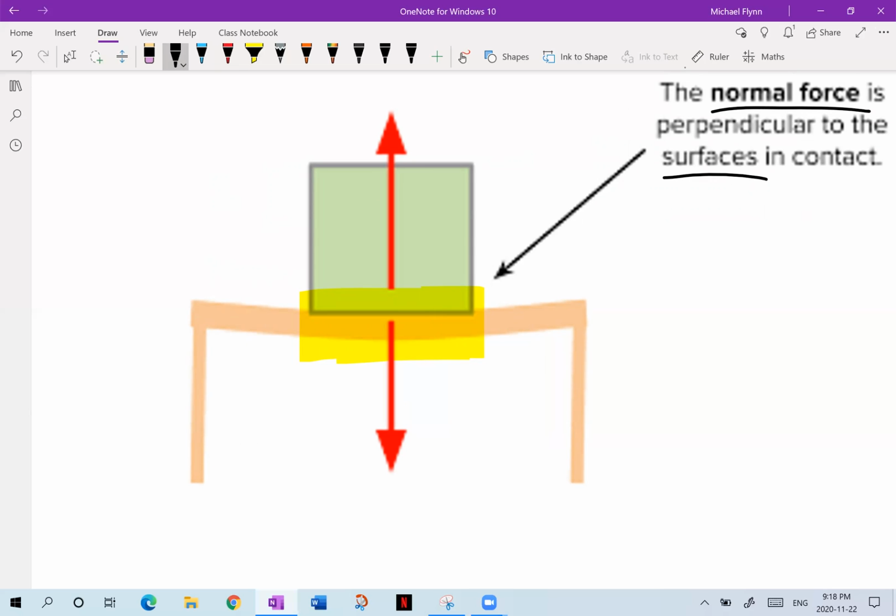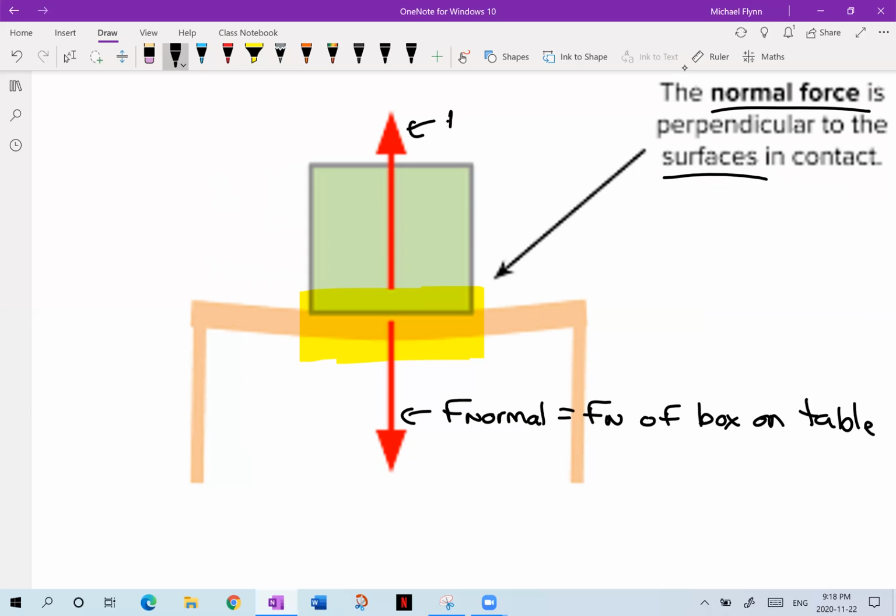Now actually the bottom of the box is also a surface, right? So the box is making a surface contact with the table, and this is the normal force, which I will call Fn, of the box on the table. So the table is an object too, and it's experiencing a force of contact because of the bottom of the box touching it.